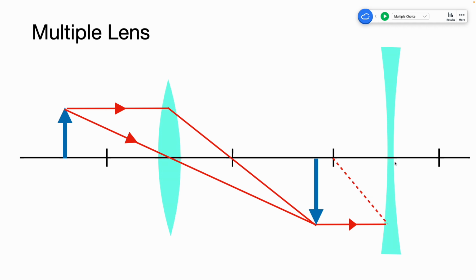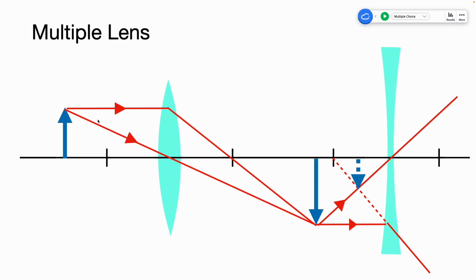And for a concave lens, you just draw this dotted line that passes through the focal point, and the light ray will be bent toward that direction. On the other hand, if you pass through the center of the lens, it keeps going straight. And you find that after two lenses, the combined effect is that the image will be formed here.